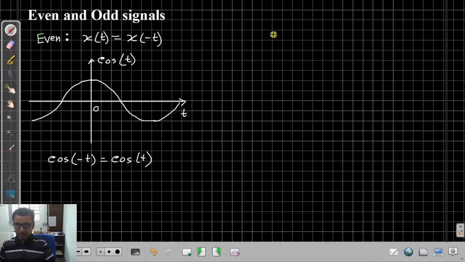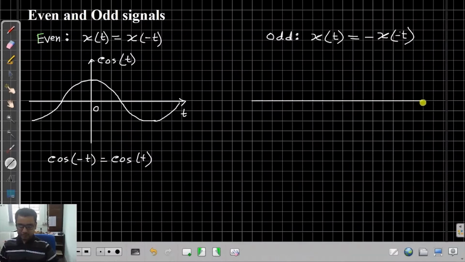Similarly, a function is called an odd function or an odd signal if x of t is the same as minus x of minus t. One popular example is, of course, sine t.